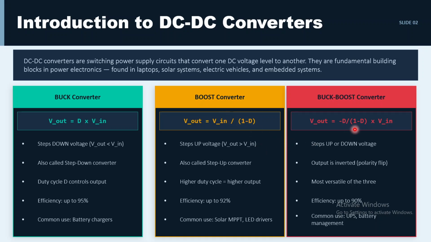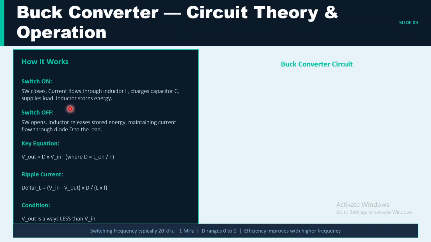After this we will start with buck converters. Here is the explanation about the buck converters. There will be a switch which opens and closes the circuit. When the switch is closed, current flows through the inductor, charges the capacitor, and supplies the load.